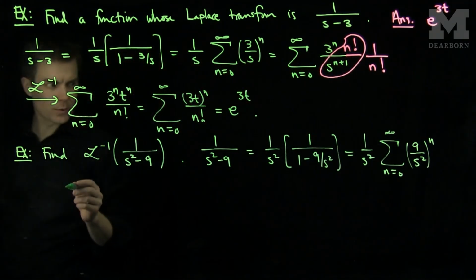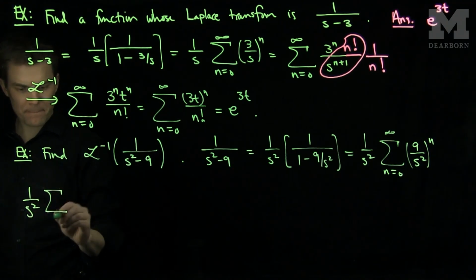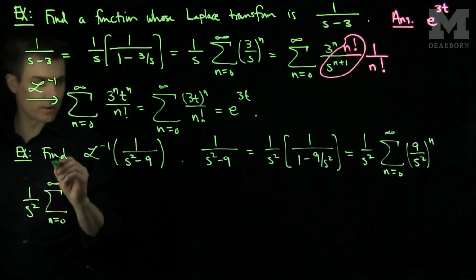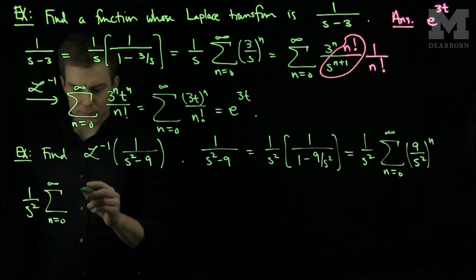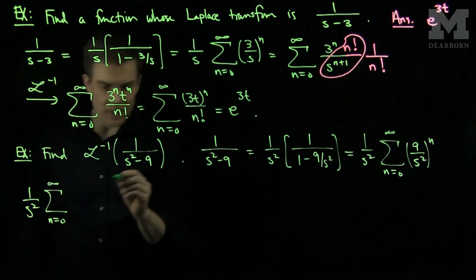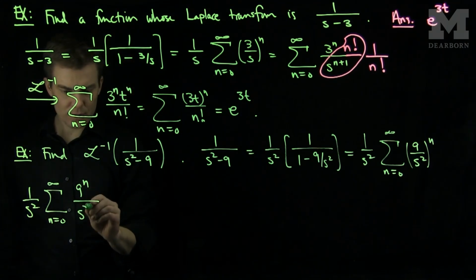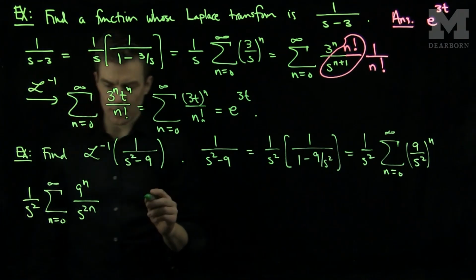So what we will do is write this as 1 over s squared, the sum, n goes from 0 to infinity, of 9 to the n over s to the 2n.